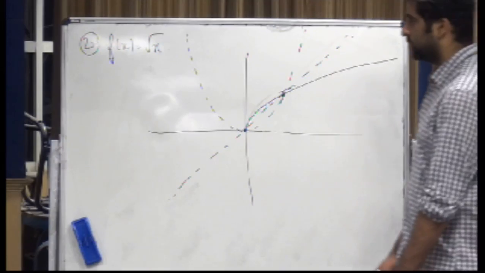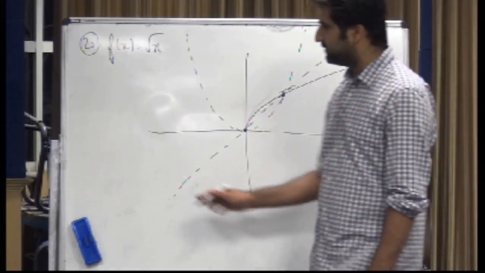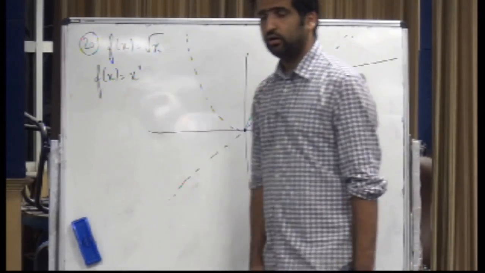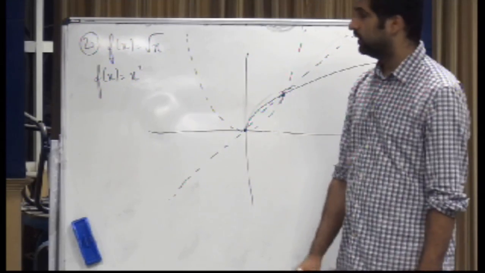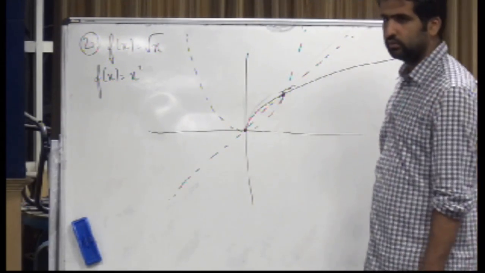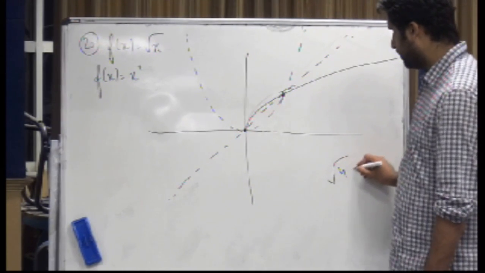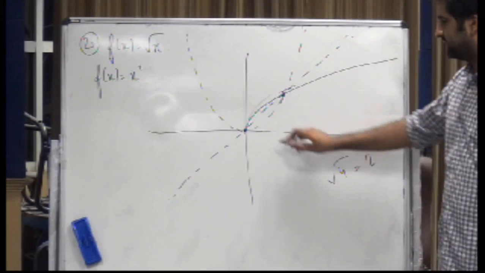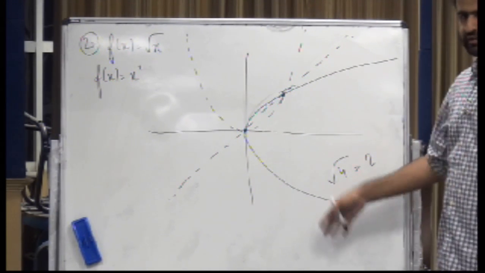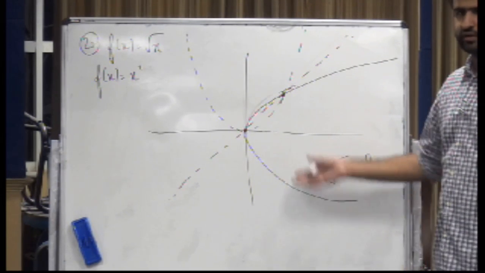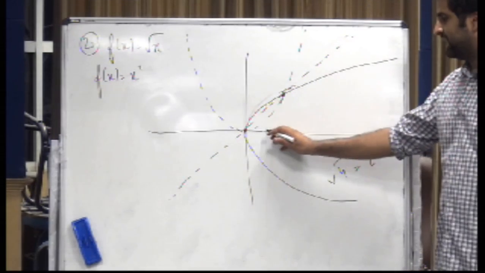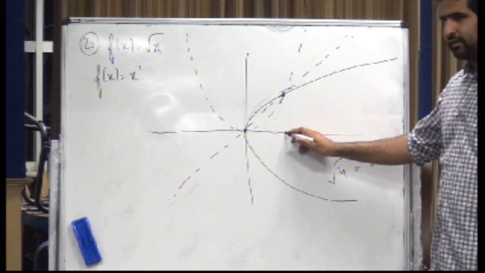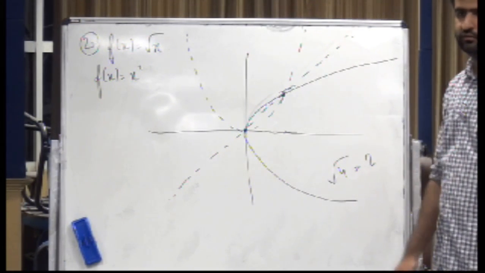Now see, the only difference between f(x) is equal to x square and f(x) is equal to root x is that this function is defined for these negative values. But we are not getting any negative values from here. Like if you take root 4, you don't get plus minus 2, you just get 2. If you make the graph of this function like this, will it be a function then? This is not a function. This is a relation. I explained that in yesterday's class, because if we take one value of x, there should not be two values of y.